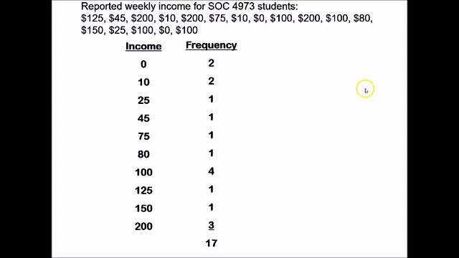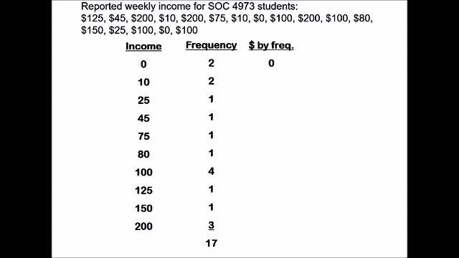So, going back to our reported weekly income for Sociology 4973 students, we have the attributes for income, we have the frequency for each of those attributes, and so we would calculate the sum per attribute, frequency by income amount in this case.